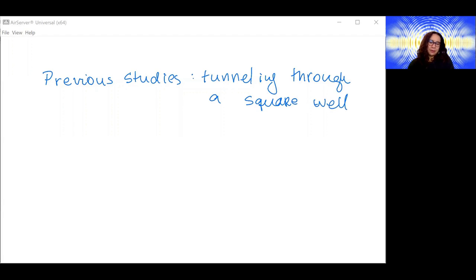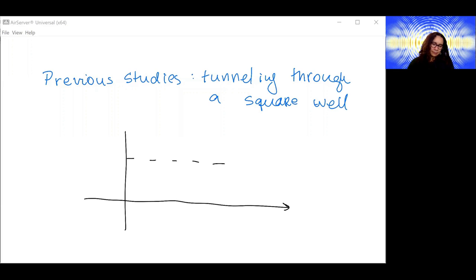What we had was a potential of height V naught.